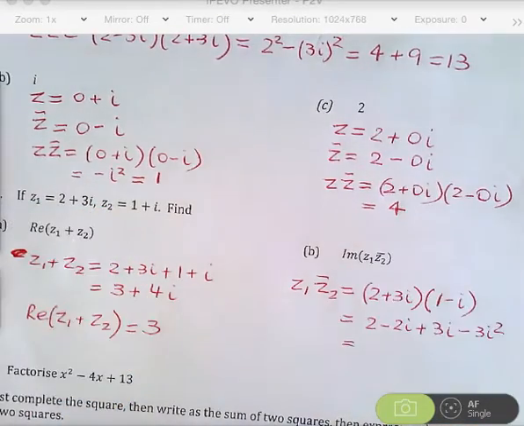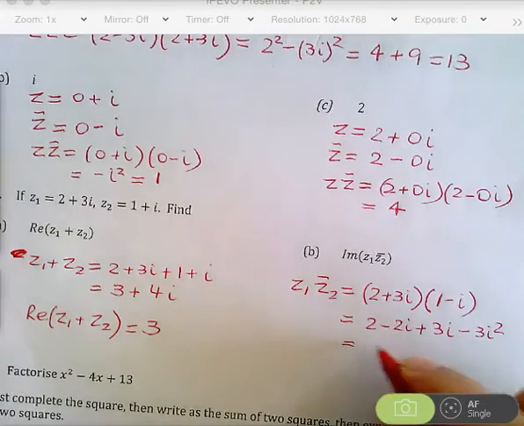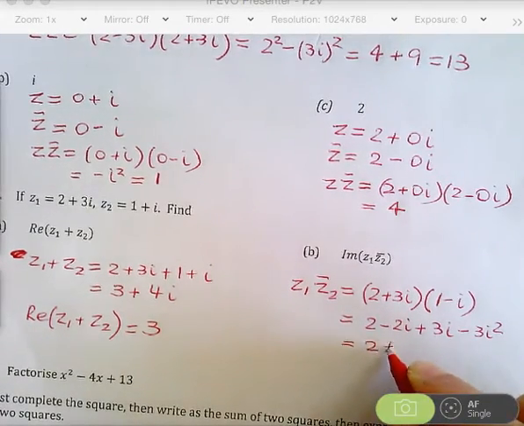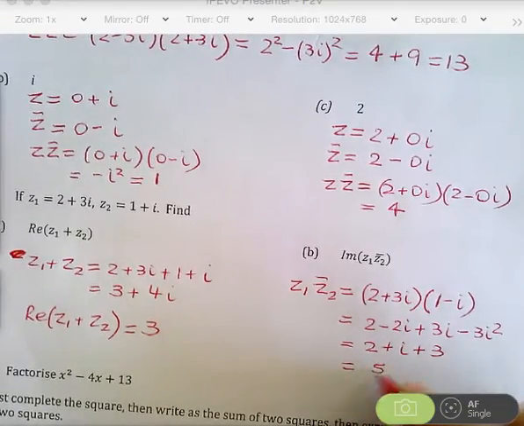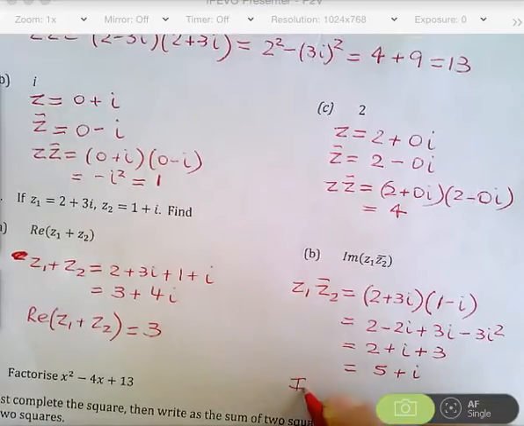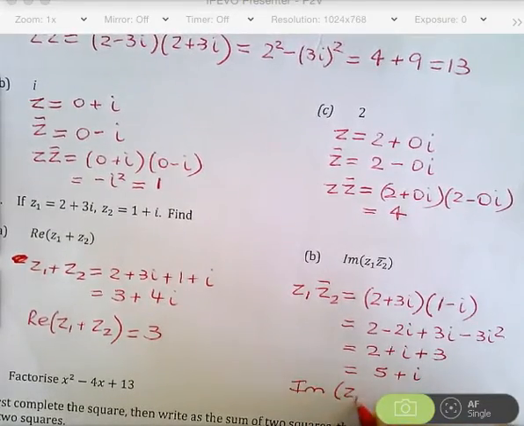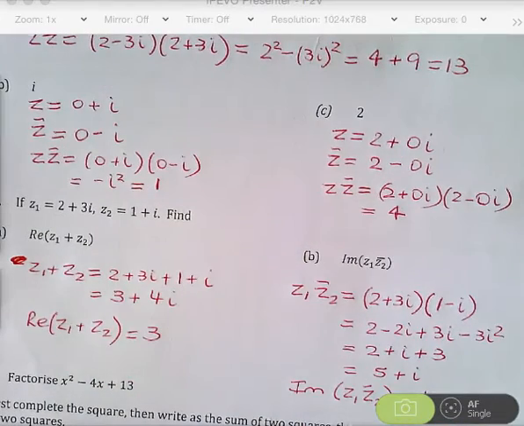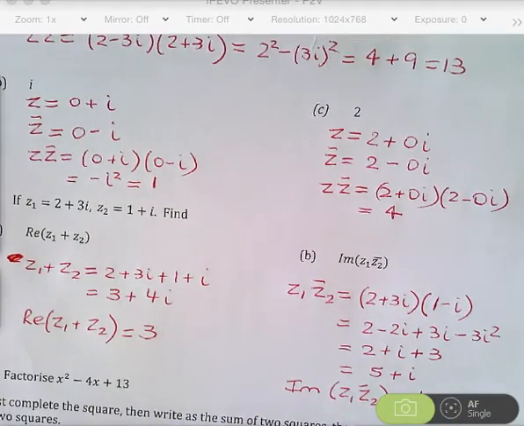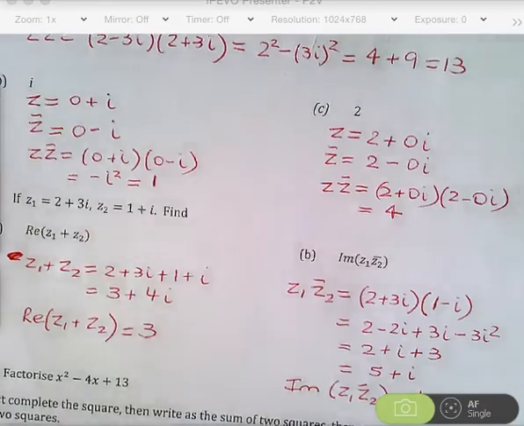What do you get now? Isn't that 2 plus i plus 3? So it's 5 plus i. What's the imaginary part of that? Yep, it's 1. Positive 1. It's whatever is the coefficient of the i, and it's 1.